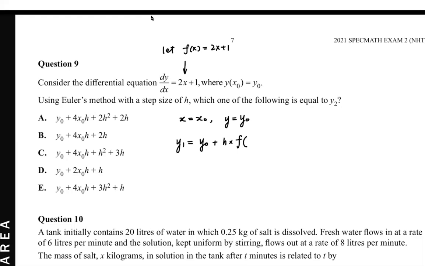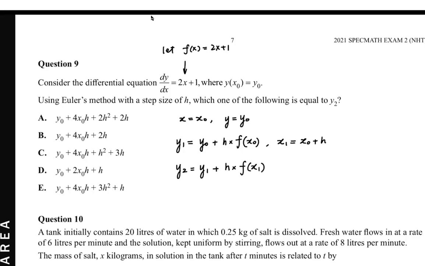In this case, it's f of x0, right? And your x1 should be x0 plus h. And then y2, by the second iteration, you will get y1 plus h times f of x1.